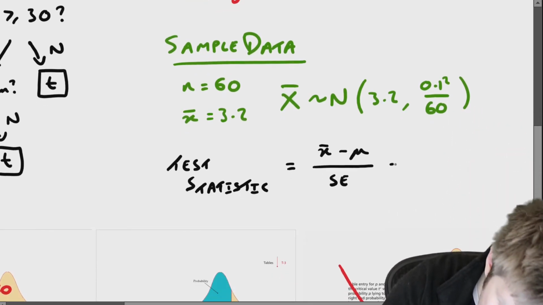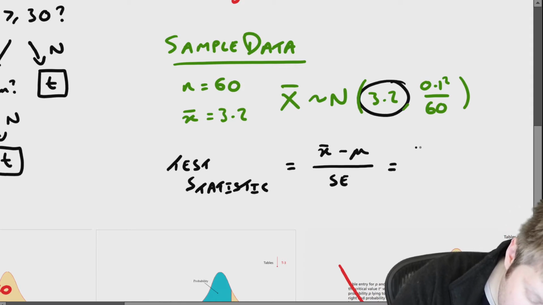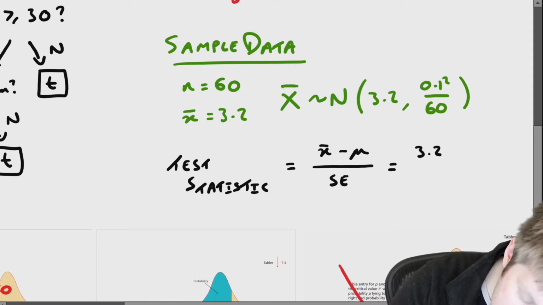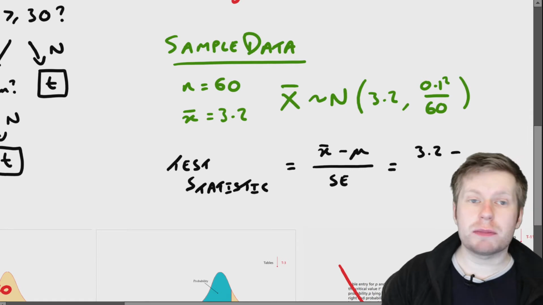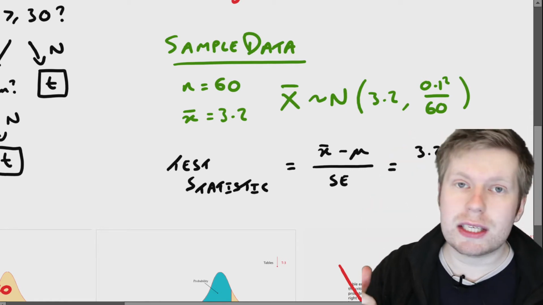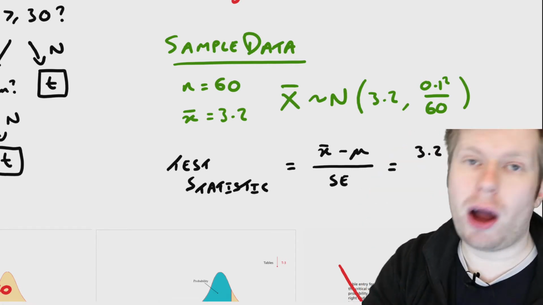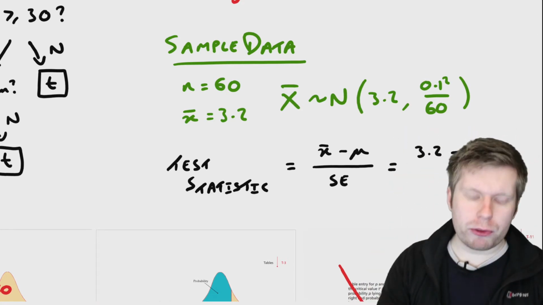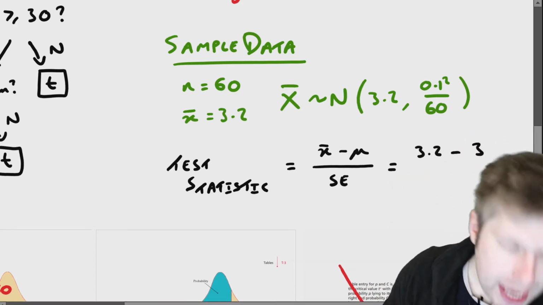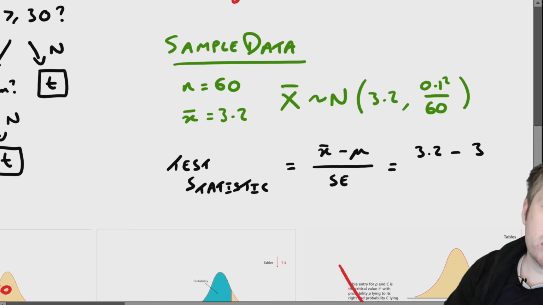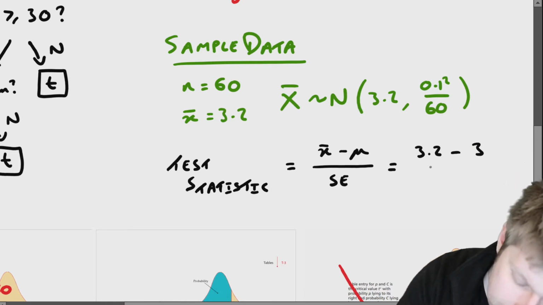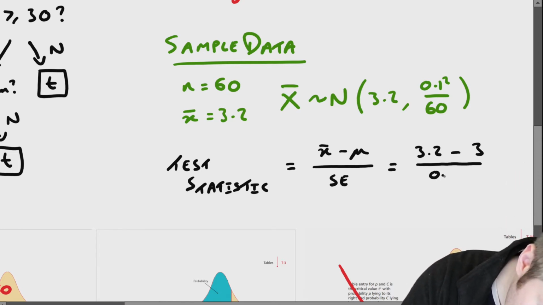So if I actually sit down and work this out, well, my x bar in this case is 3.2. My mean is my hypothesized mean, because remember, I'm assuming throughout the duration of this test that my hypothesized mean is correct, okay? My null hypothesis is correct. My null hypothesis says that the circuit should break at 3 amps, okay? I need to divide by my standard error, which is 0.1 over the root of 60.